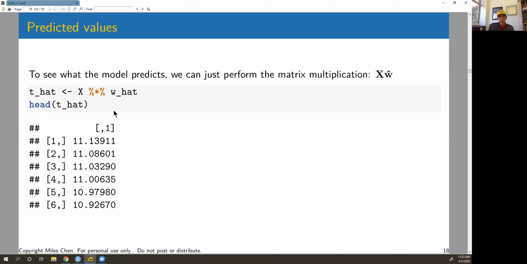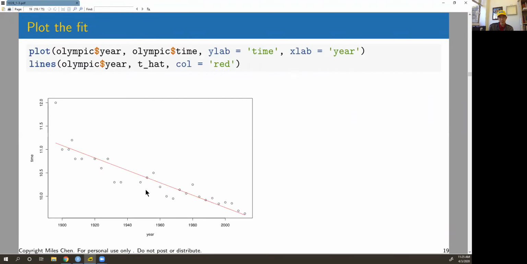And here are our predicted times, 11.139, 11.086, and we can see that as each year goes by, the predicted time for the Olympic gold medal drops by a little bit, close to 0.05 here. So we can see this going down, forming a straight line there.